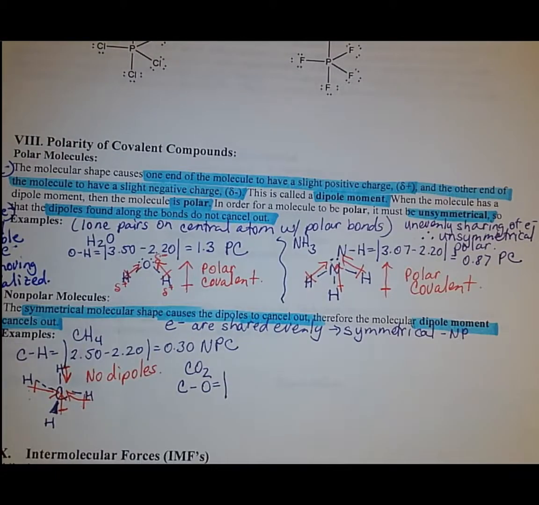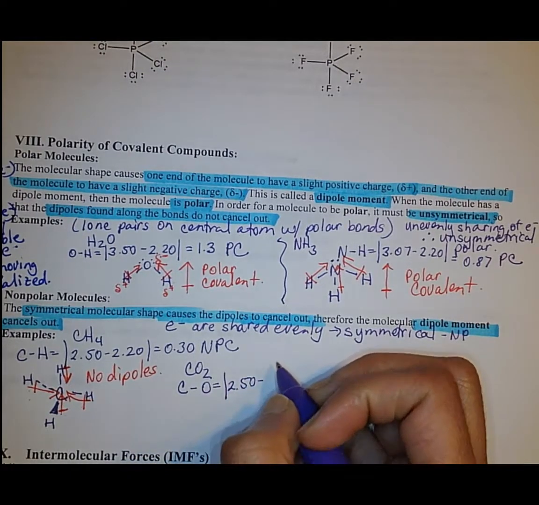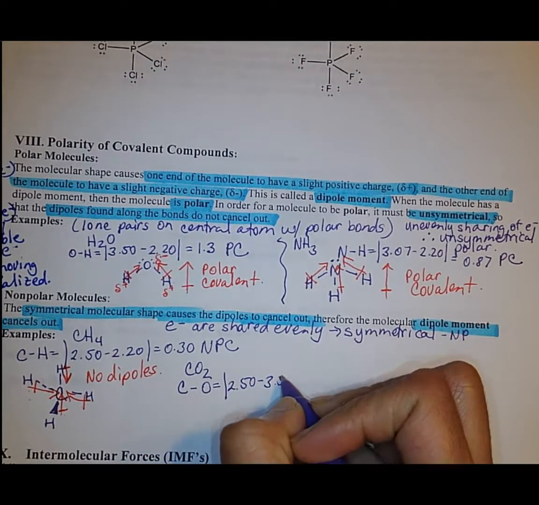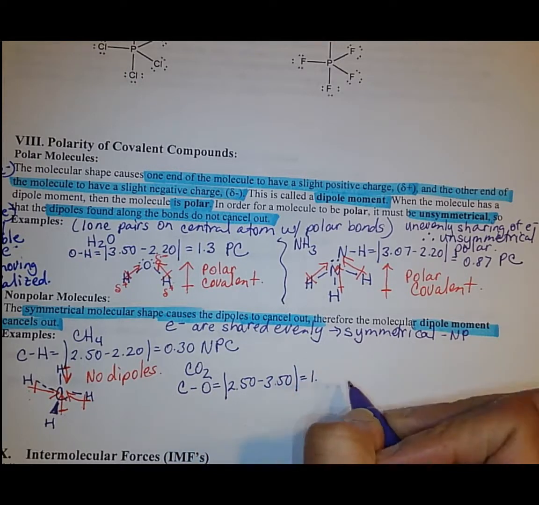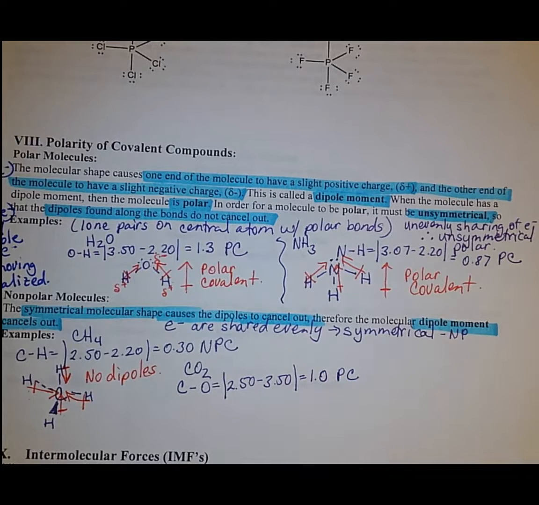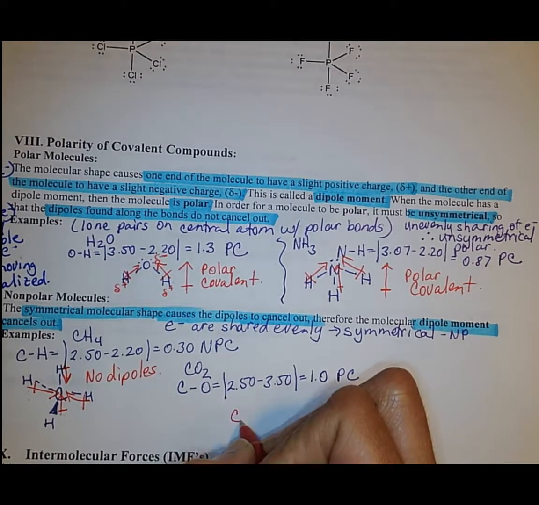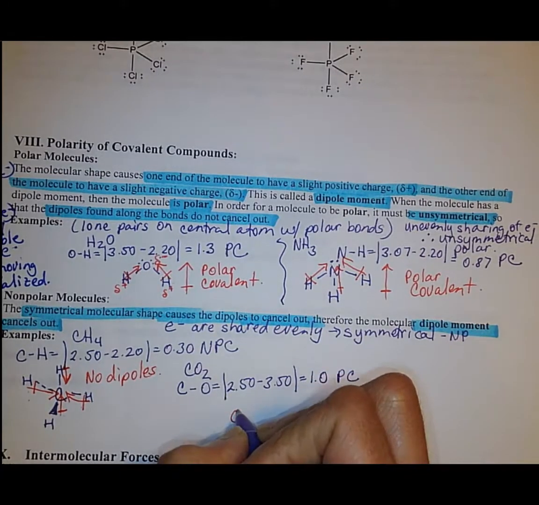Again, this is absolute value, so we're not going to look at the positive or negative numbers. This comes out to be 1.0, which means that it is a polar covalent molecule. But let's draw our picture and make sure, which says a lot more than the math right now.